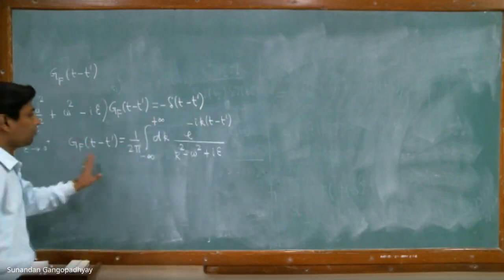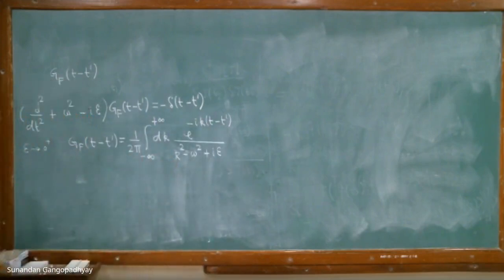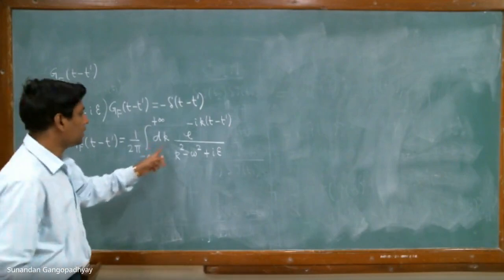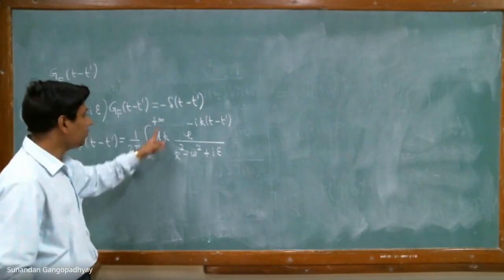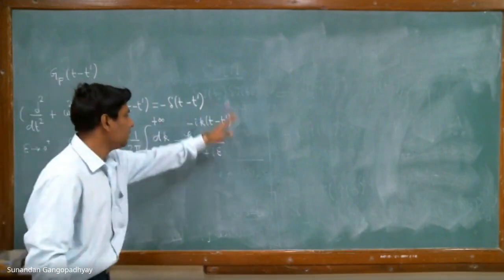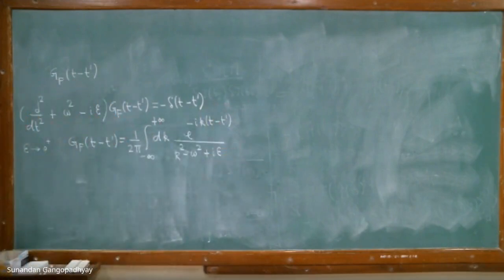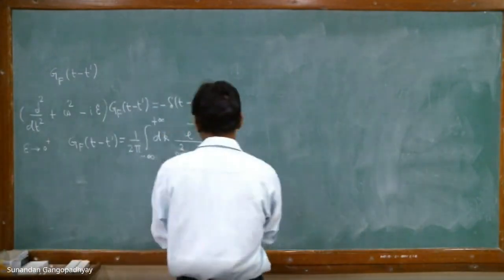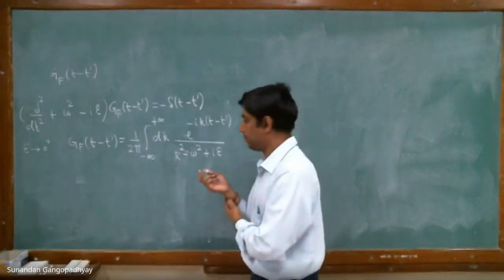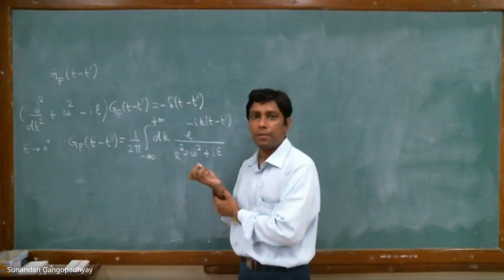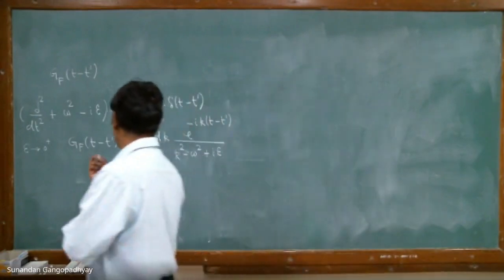This is the expression for the Feynman Green's function, and we see that this is an integral over k from minus infinity to plus infinity, and this is our integrand. Let us look at this term, okay?